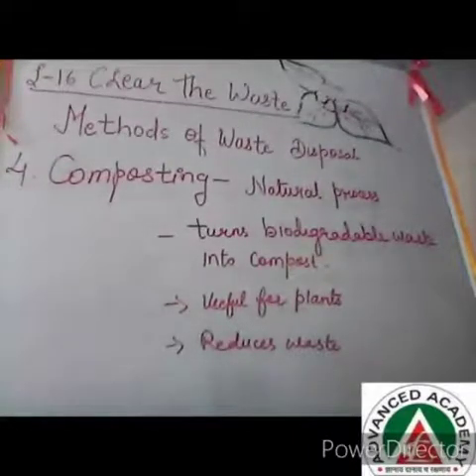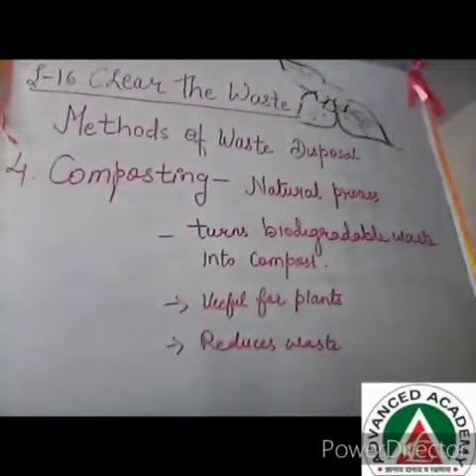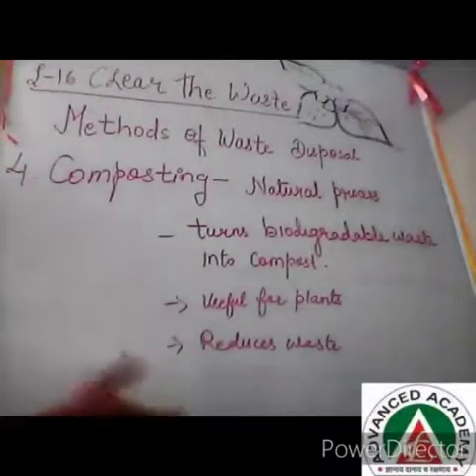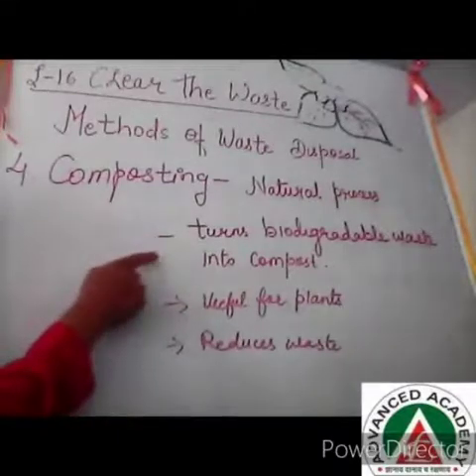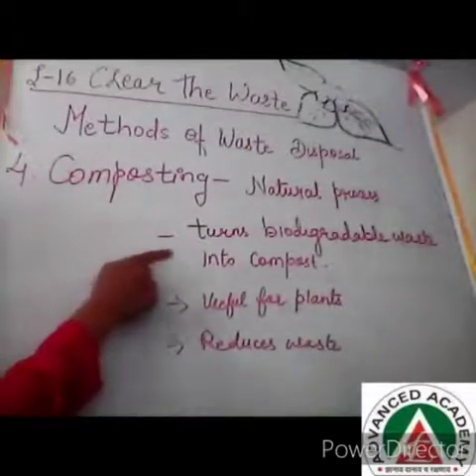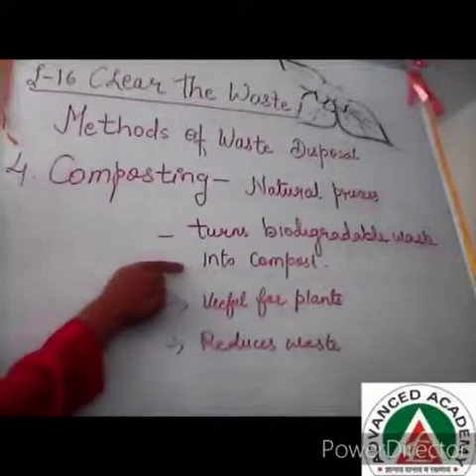We cover the biodegradable waste in a particular area, like landfills, which I have explained to you. When the landfill is completely covered with soil, what happens? It turns into manure. The biodegradable waste turns into manure, and it is ready to use as compost.